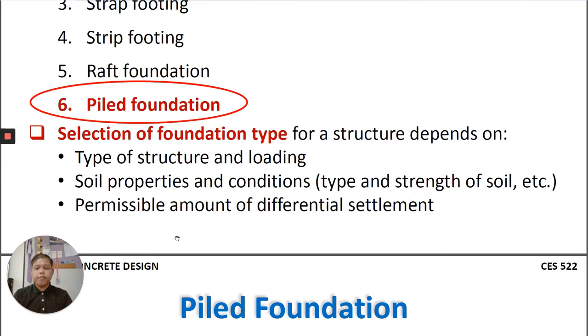Furthermore, there is a possibility of failure of the foundation, such as overturning moment because of differential settlement of the structure. So it is important for us to choose the right type of foundation in order to make sure that the soil can receive all the superstructure loading.